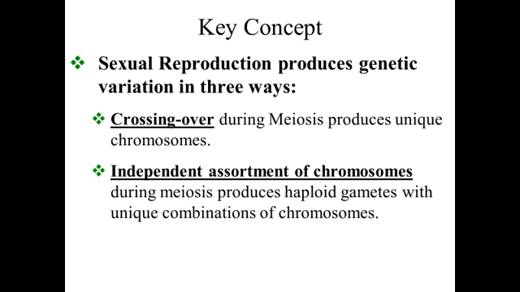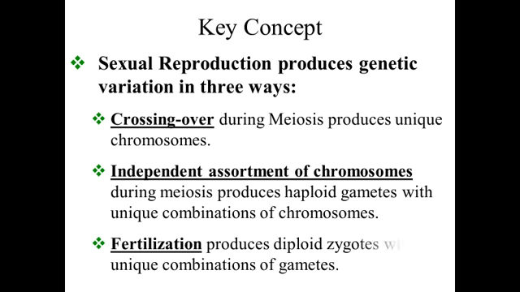So when those homologous pairs separate, we get a unique combination of the chromosomes from each parent, right? Those separate randomly. And then the final thing that happens is during fertilization, you have a random egg and a random sperm that join to produce zygotes, or fertilized eggs, with a unique combination of chromosomes.